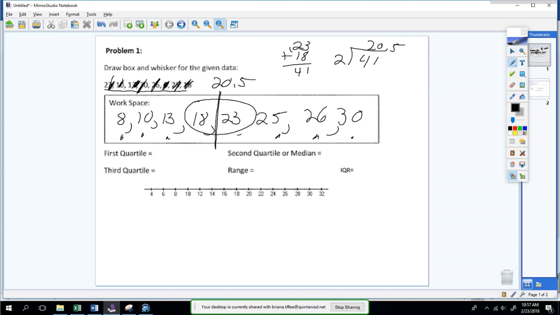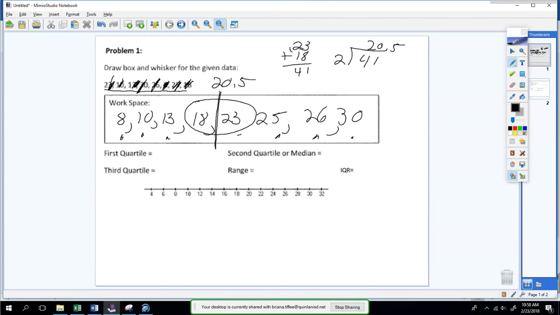Now I have what is called an upper quartile. The upper quartile is my bigger numbers, and my lower quartile is my smaller numbers. That's what the median does, it breaks it up. So we're going to find the median of the lower quartile, doing the same thing.